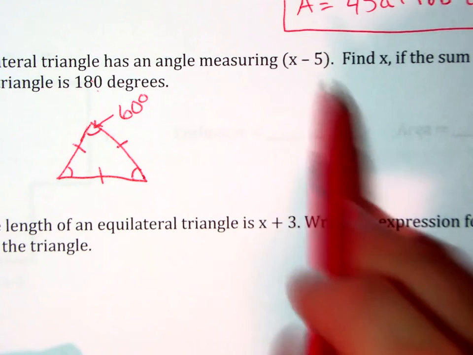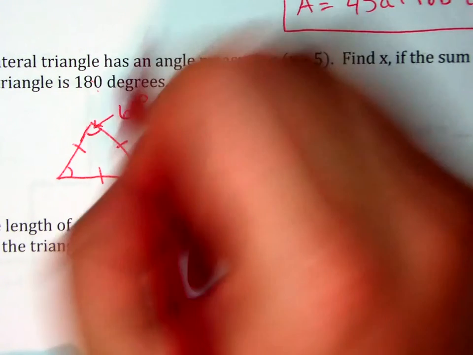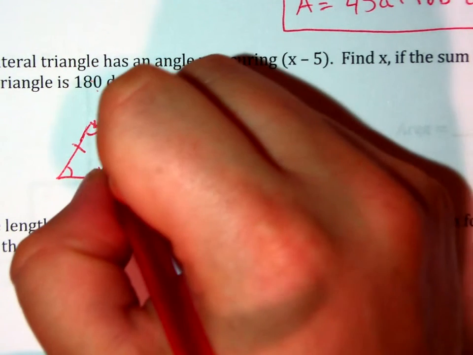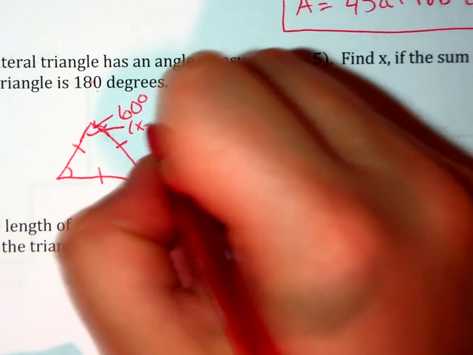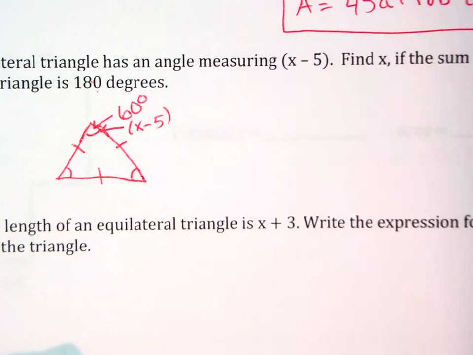And so now my expression tells me that the angle is also identified by this expression as x minus 5 degrees.